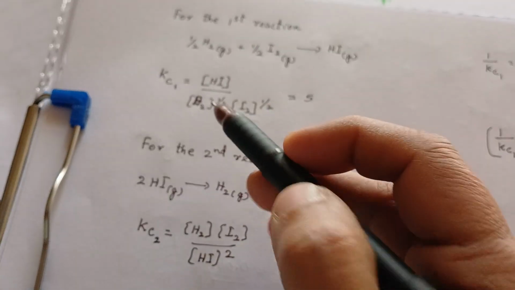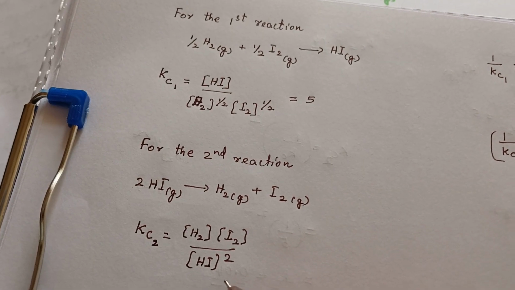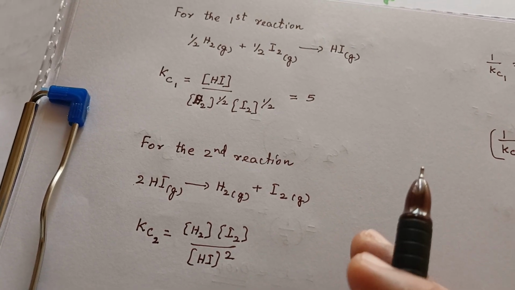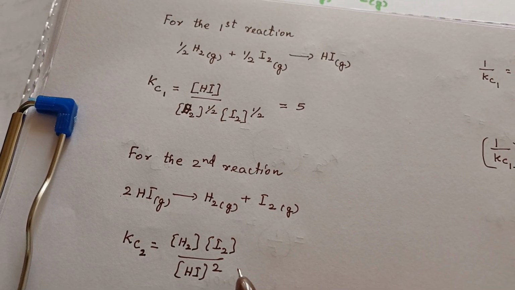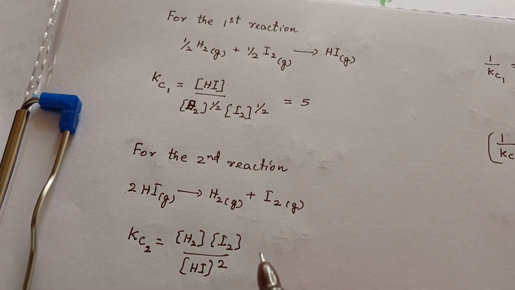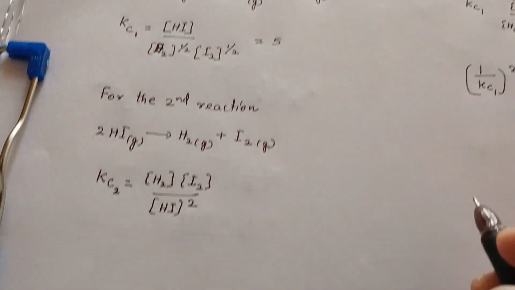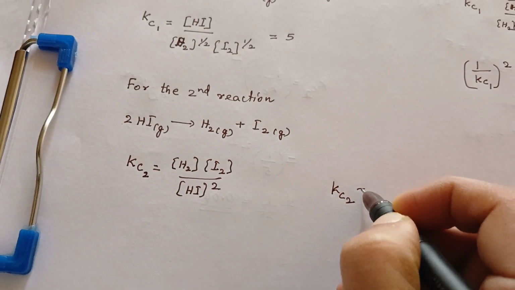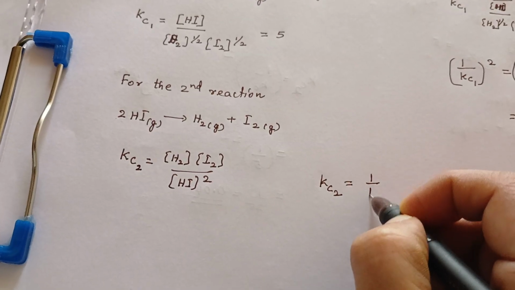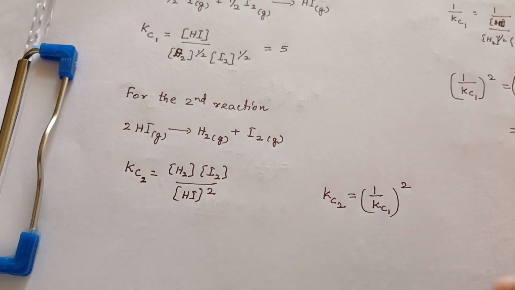Now from these two, Kc1 and Kc2, we can see that there is a relationship between the two. Kc2 equals, we can say, 1 by Kc1 the whole raised to 2. We are saying Kc2 is equal to 1 by Kc1 the whole raised to 2.